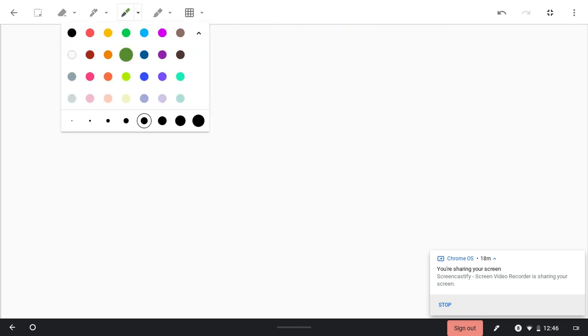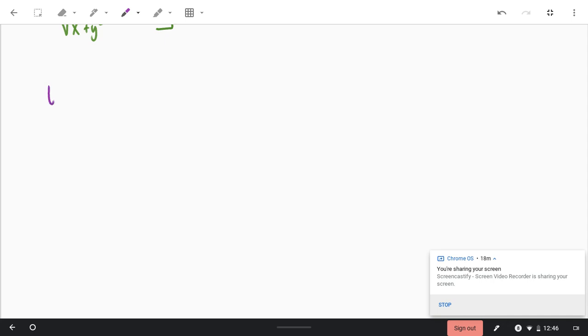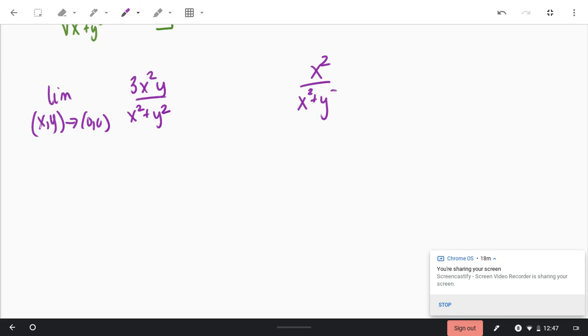We're trying to find the limit again as x, y goes to 0, 0 of 3x squared y over x squared plus y squared. Since x squared over x squared plus y squared is always between 1 and 0, then 3x squared y over x squared plus y squared is always between 3y and 0.